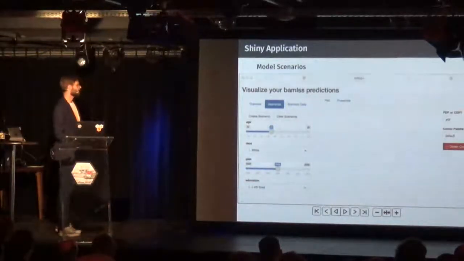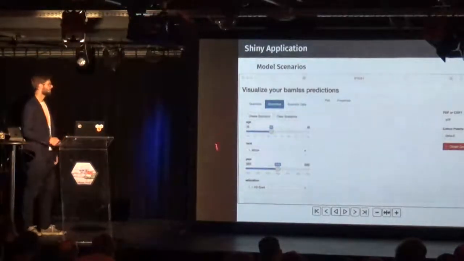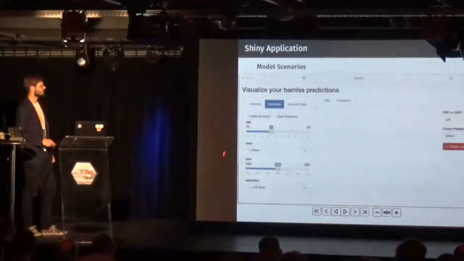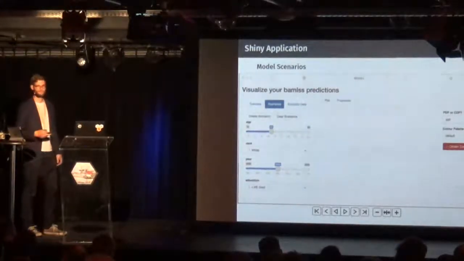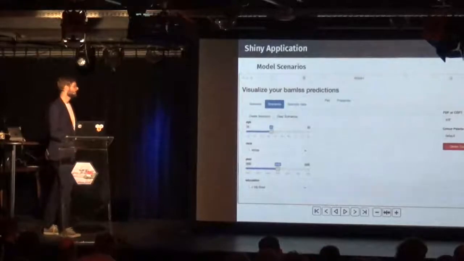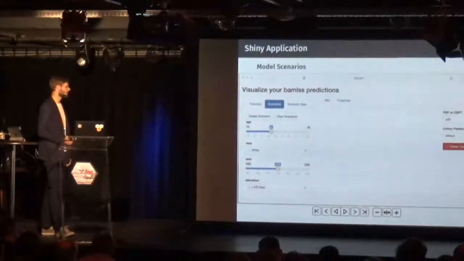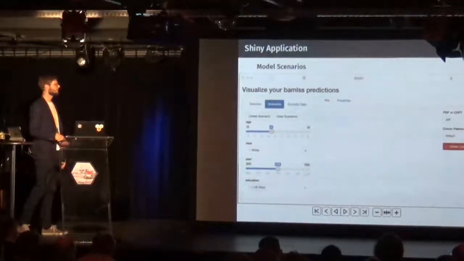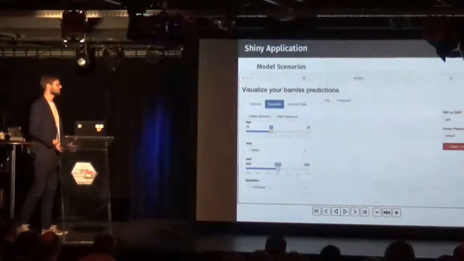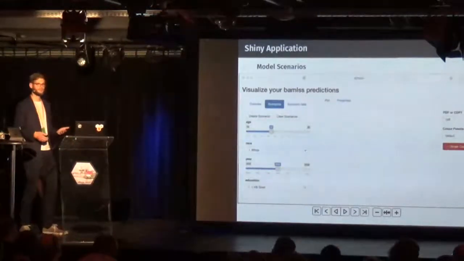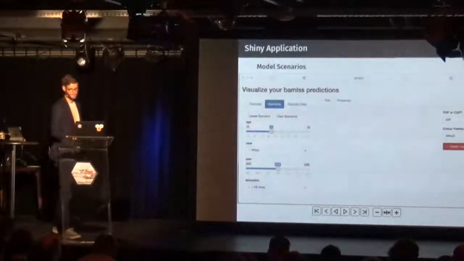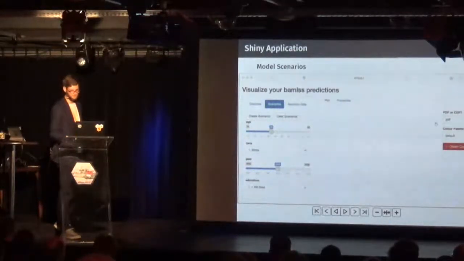And what happens here is that we have a new window with basically all the variables that I used to estimate the model. So we have age here, race, year, and education, for example. And now we can just select some scenario and see how the distribution actually looks, the predicted distribution.